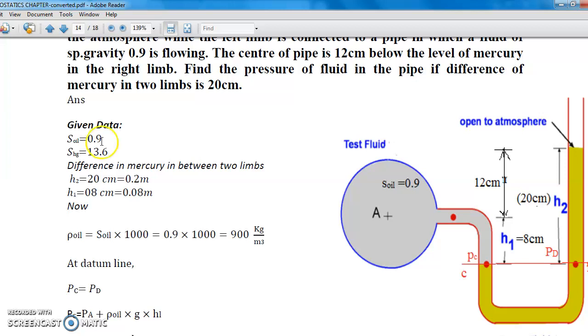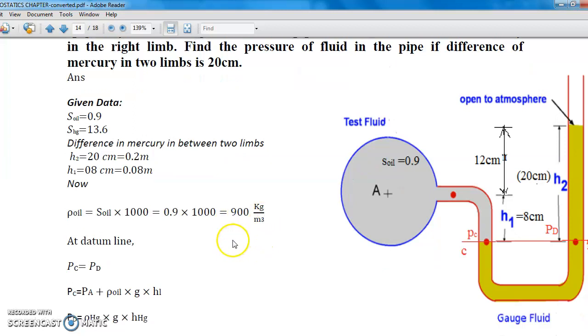So the density of the oil is equal to the specific gravity of the oil into 1000. This is 0.9 into 1000, that is 900 kg per meter cube. This is the density of the oil.